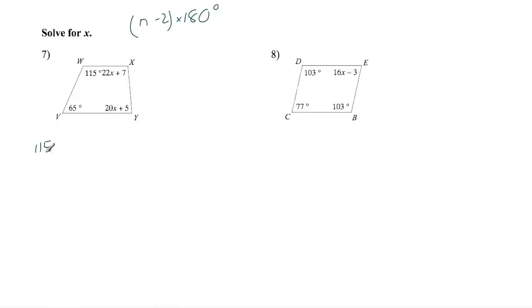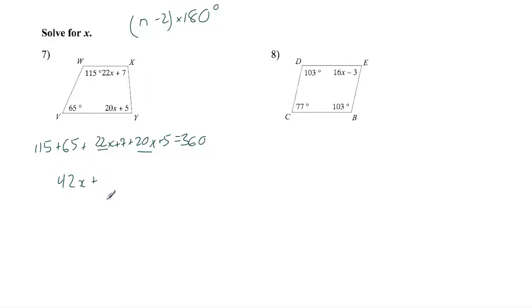So here I have 115 plus 65 plus 22x plus 7 plus 20x plus 5 equals 360 degrees. And using this equation, I can solve for x. So here I have 22x and 20x, which is going to give me 42x.